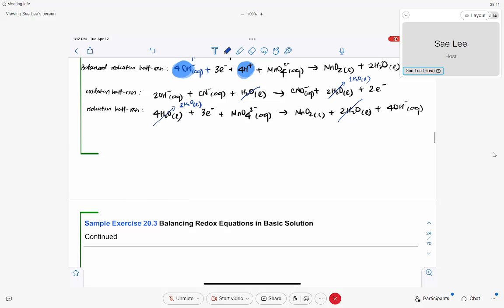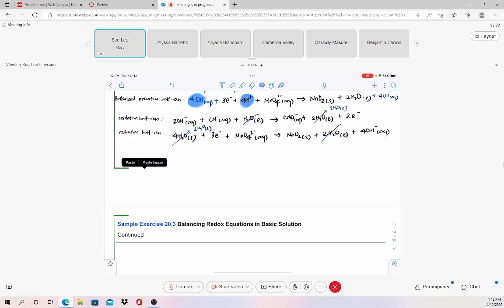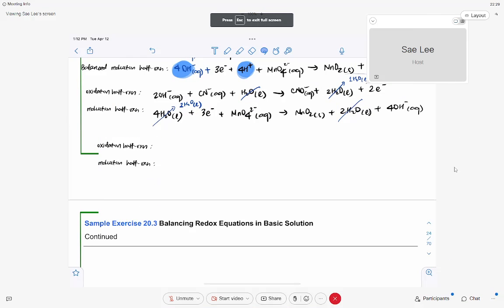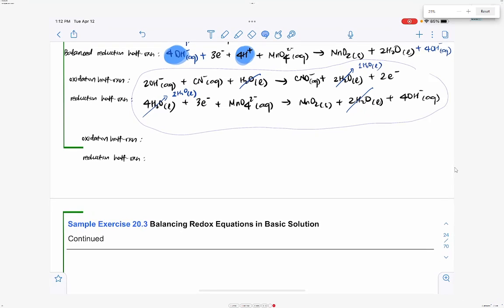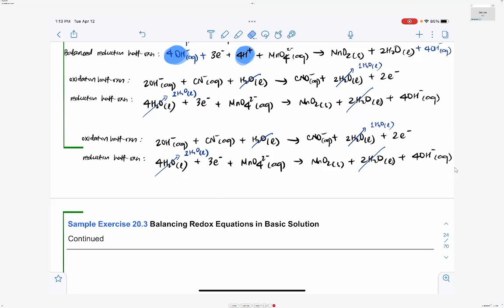So we're just going to have 1 water, and we're just going to have 2 water here. This water goes away.